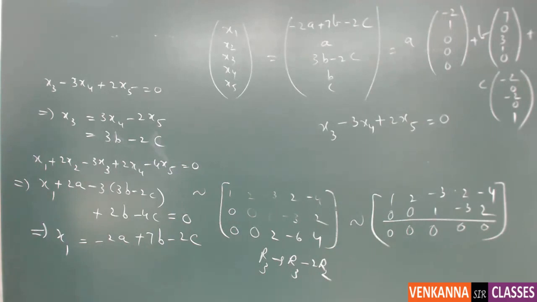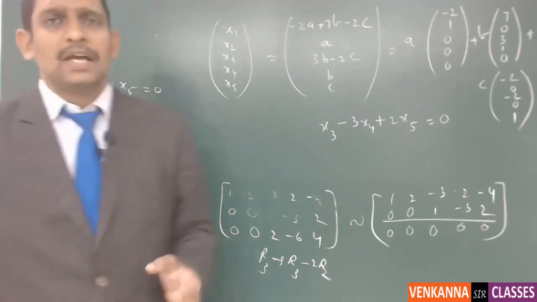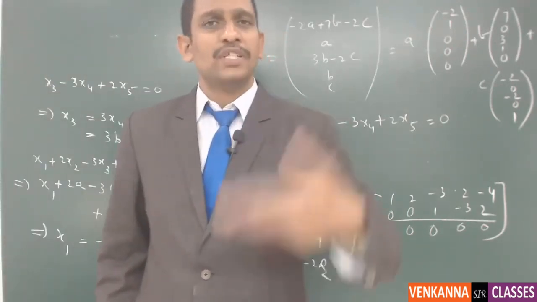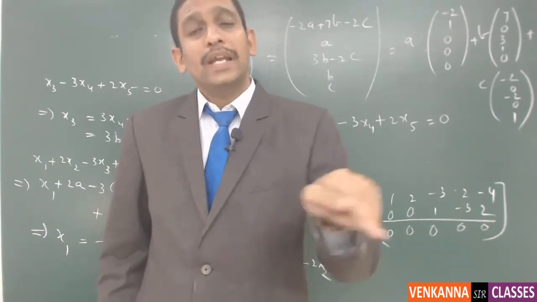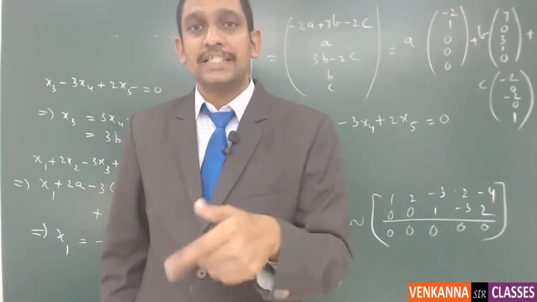Usually, we take the last variables as constants, because whenever you take a homogeneous system, say I have taken a homogeneous system with variables a, b, c, and the rank of the matrix is 2, then I usually take the last variable, c, as a constant.